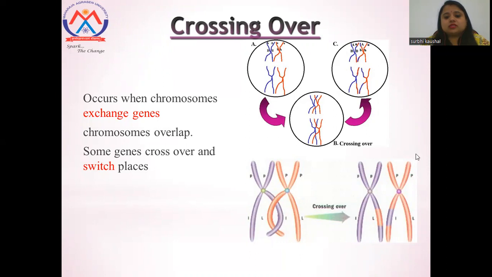One chromosome is in purple color, and the other is in reddish or pinkish color. See, their lower sister chromatids are going to exchange. As this occurs, in the purple chromosome a pinkish region appears, and in the pinkish chromosome a purple region appears. It means there is crossing over of homologous chromosomes.